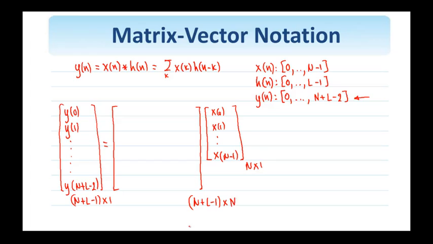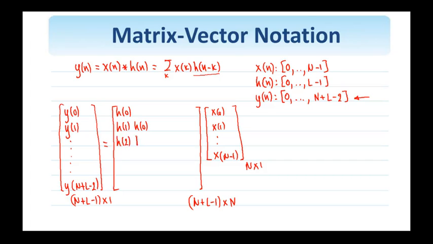So if we follow the steps of the convolution, we take h, we flip it around, find h of minus k, and then shift it by n. We can see that y0 is equal to h0 times x0, y1 is equal to h1 times x0 plus h0 times x1.